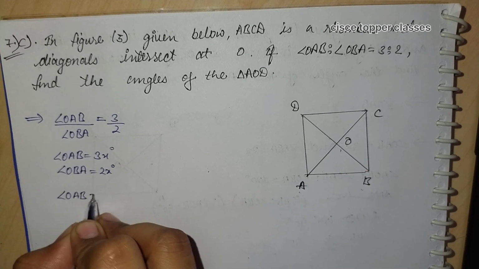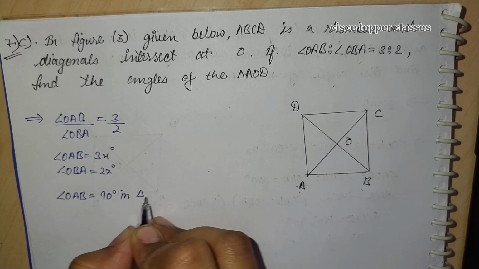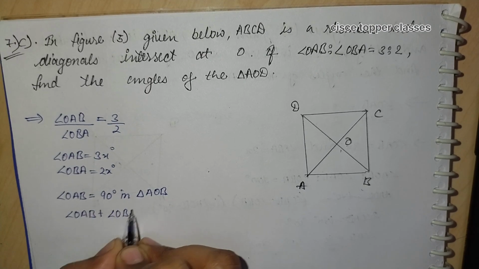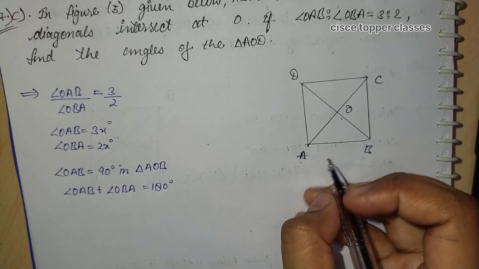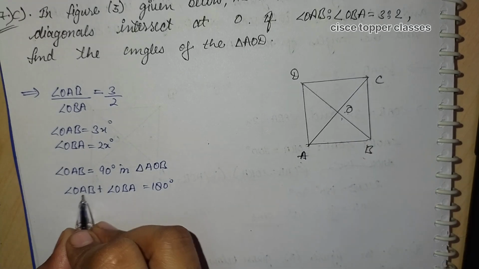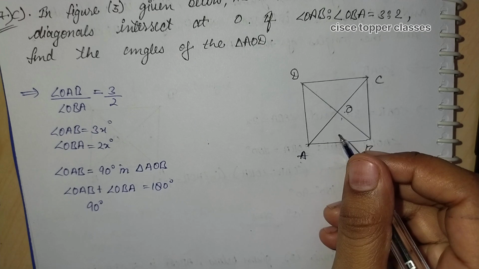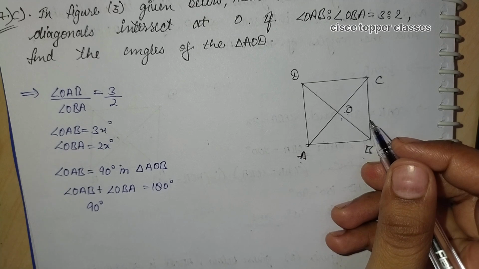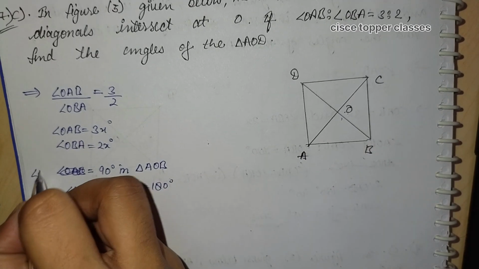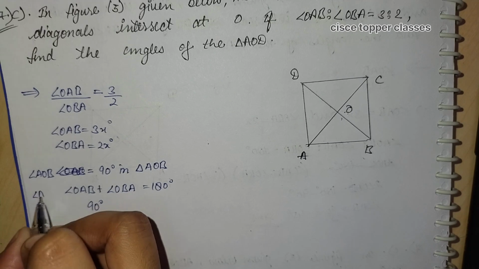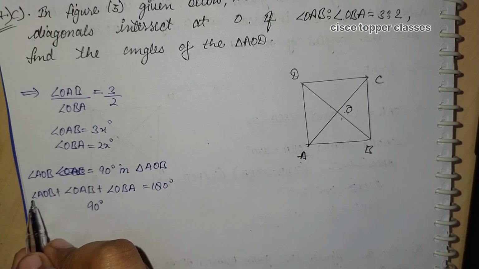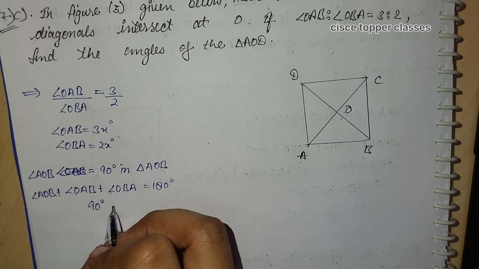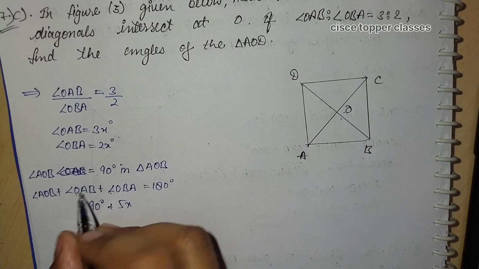So angle AOB is equal to 90 degrees in triangle AOB, and angle AOB plus angle OAB plus angle OBA is equal to 180 degrees. We will put the values here. So we can write this as 90 degrees plus 5x, because we put the value of OAB, which is 3x, and OBA, 2x.